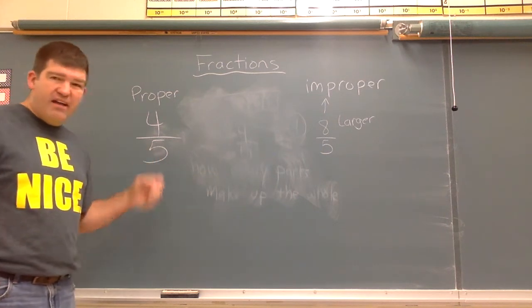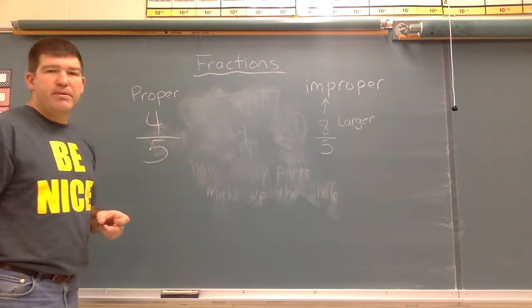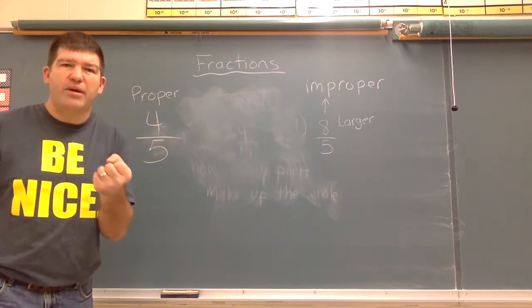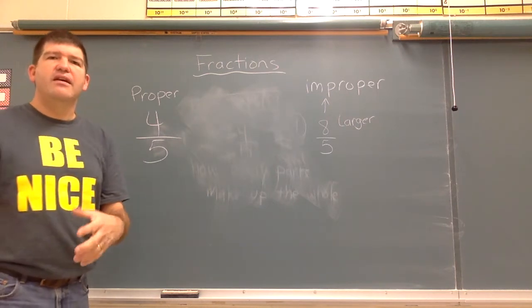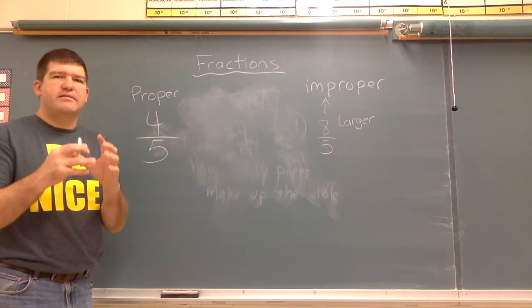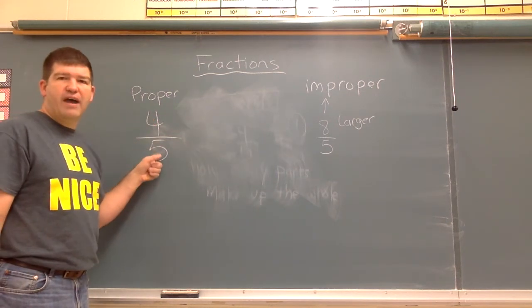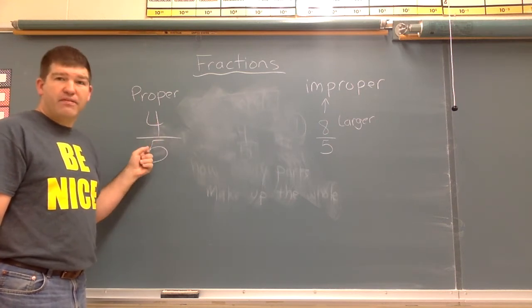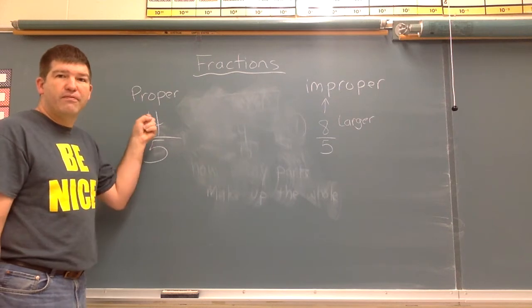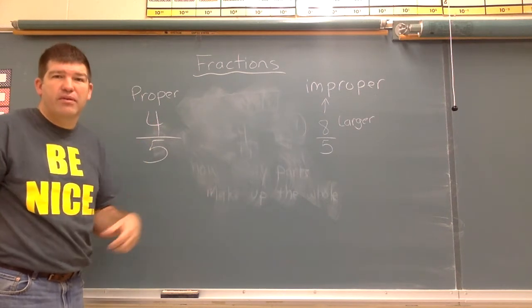I need 5 parts to give me 1 whole. The top is how many parts I actually have, or if I'm thinking about candy bars and pizza, how much have I eaten? How much do I have? How much is present? So 4 of the 5, 4/5. Now, if I had 5 of the 5ths, I'd have a whole. But I only have 4 of the 5ths. So I almost have eaten the whole thing.